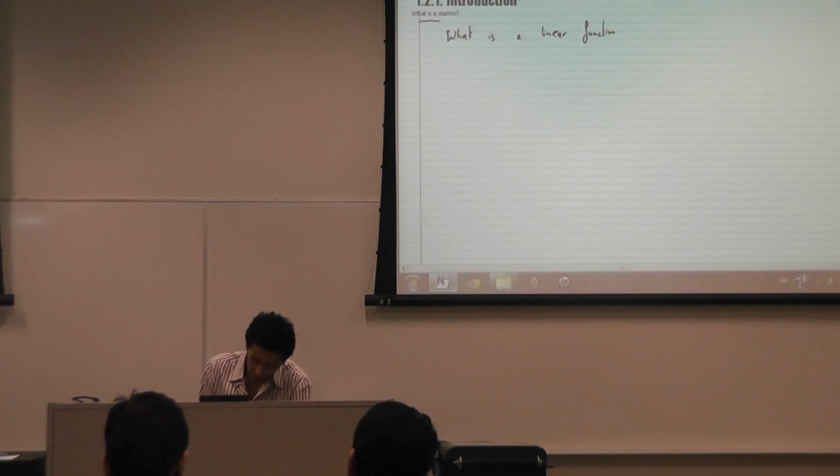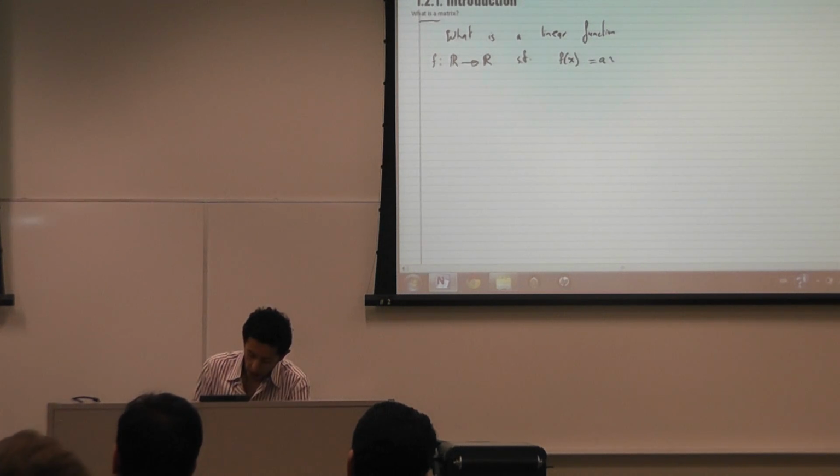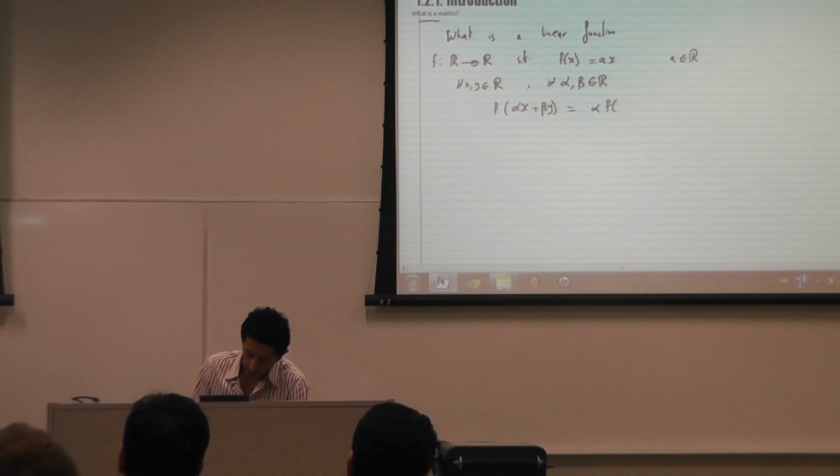If I have a function defined from R to R such that f of x is equal to ax, where a is a real number, you will find that for every two real numbers x and y, and for every two other real numbers alpha and beta, f of alpha x plus beta y is equal to alpha f of x plus beta f of y.